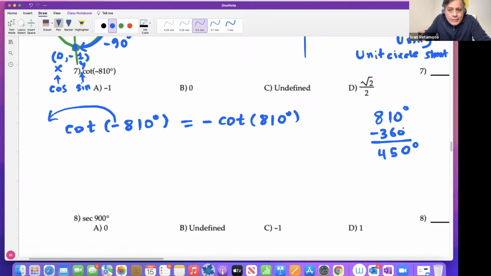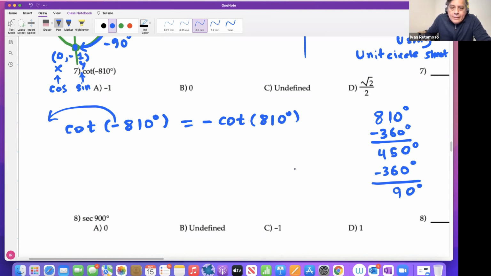When I subtract 360 the first time, I get 450 degrees. It's still bigger than 360 degrees, so I'm going to subtract 360 again. You can subtract these unnecessary rounds as many times as you want. Now I get just 90 degrees, better, right?